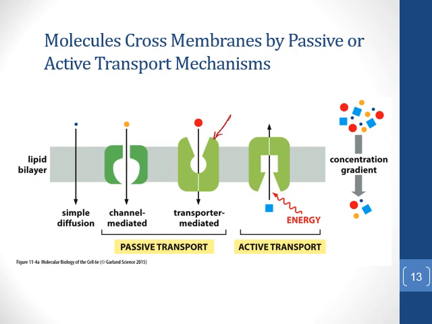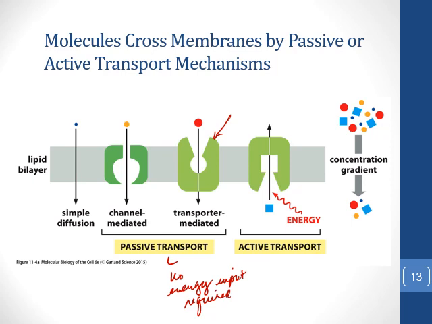I've never really liked that because I think of all the proteins as transporters, but your book is specifically referring to a specific type of passive transport. Now remember, this is passive transport. Why? No energy input required.